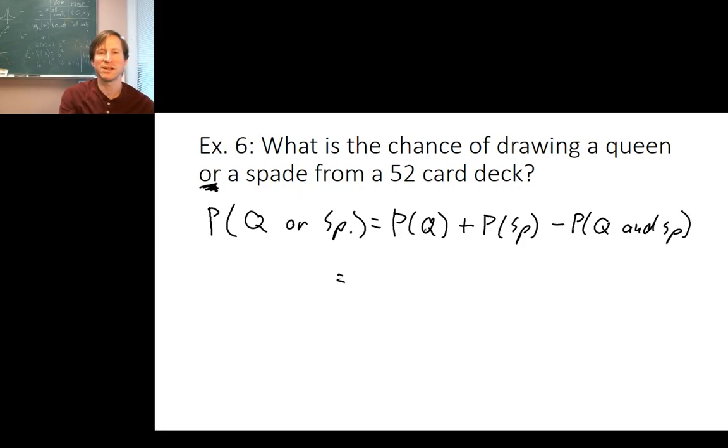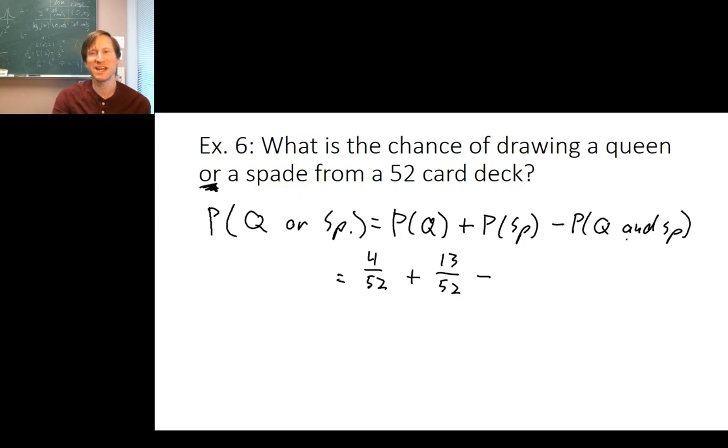Okay, so the probability of getting a queen, well, there are 4 queens out of 52 cards, plus the probability of getting a spade, there are 13 spades out of 52 cards, minus the probability of getting a queen and a spade.